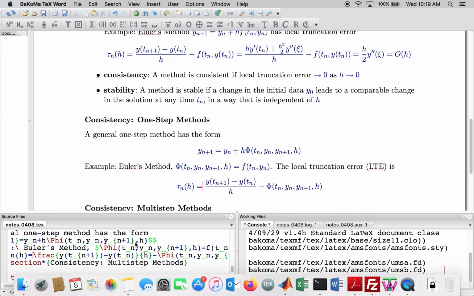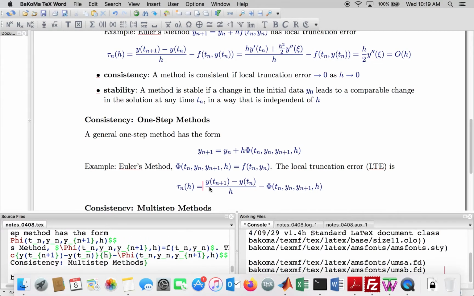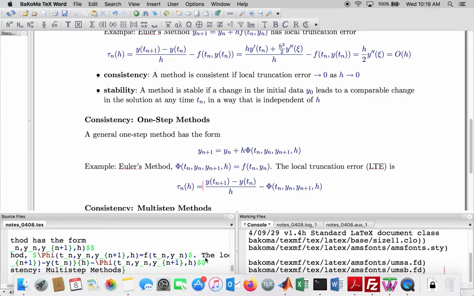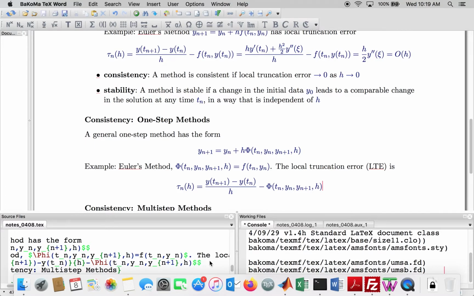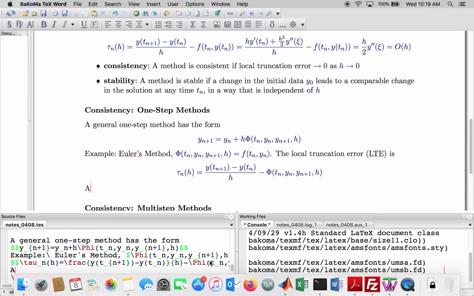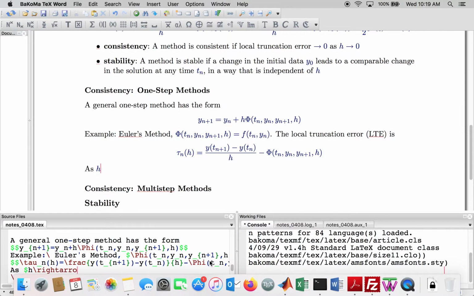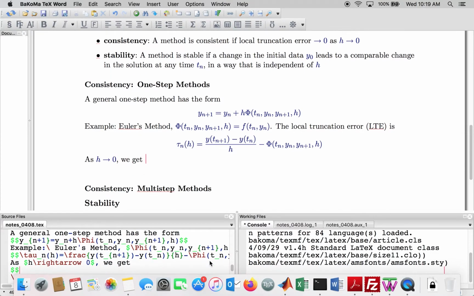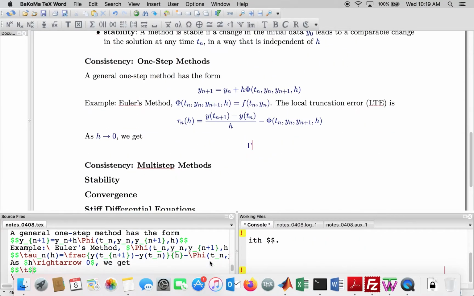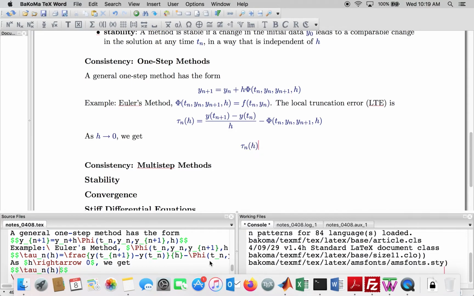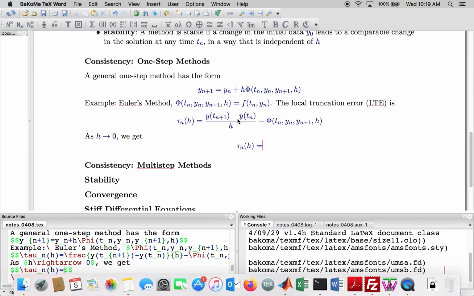Okay, now we want this to go to 0 as h goes to 0. So let's go ahead and let h go to 0. So this is the derivative at time t n, y prime t n.